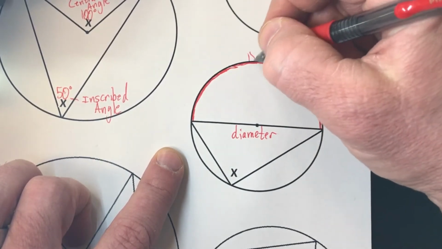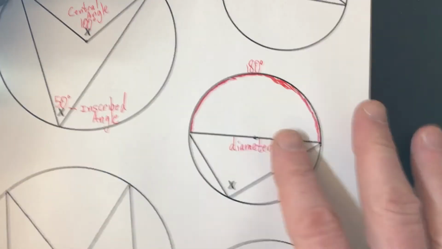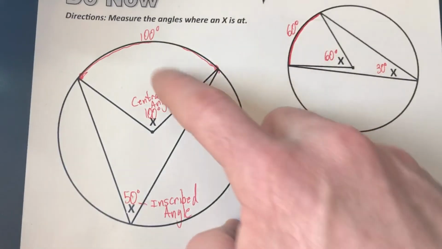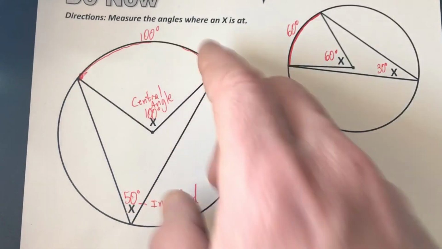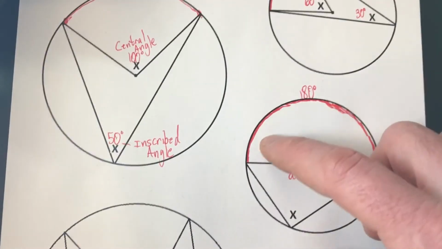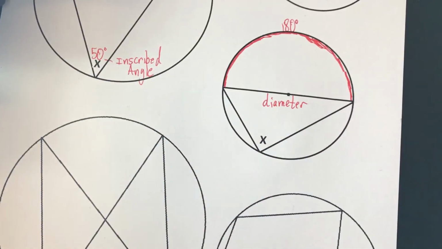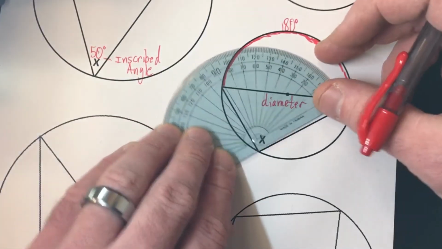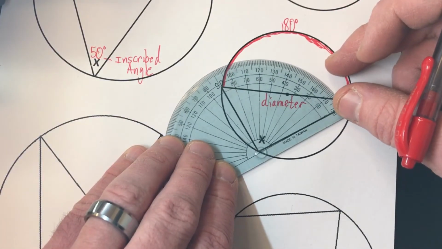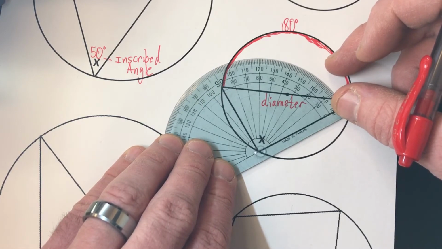This arc is 180 degrees. So based off of what we talked about up here, where the arc is 100, this is 50, this arc is 60, this angle is 30. If this arc is 180, how big do you think this angle should be? 90. It should be half of that. And let's just check and see. And yep, sure enough, it is 90 degrees.